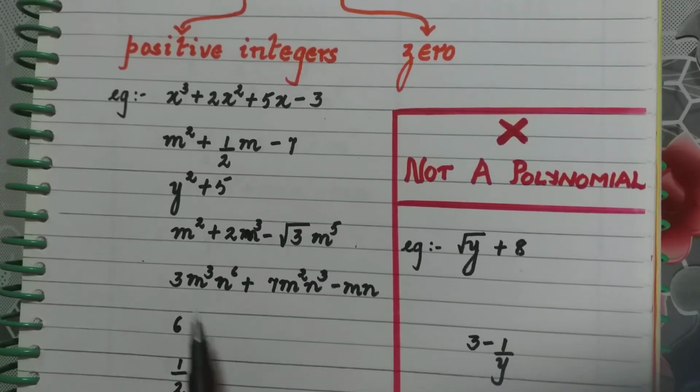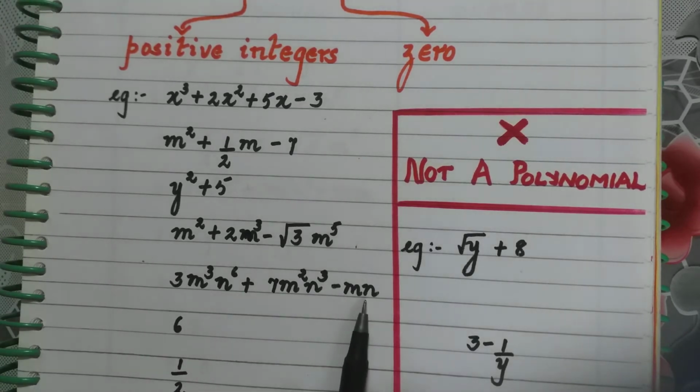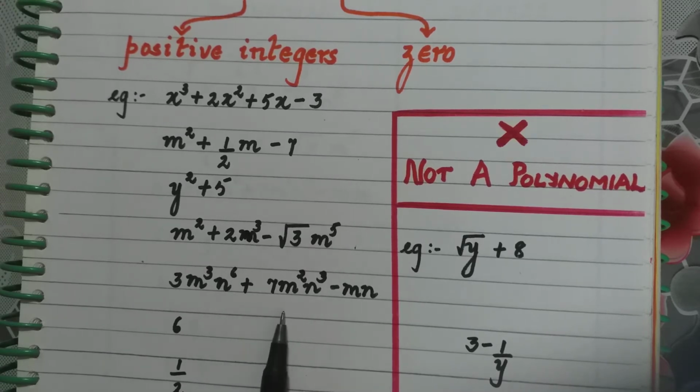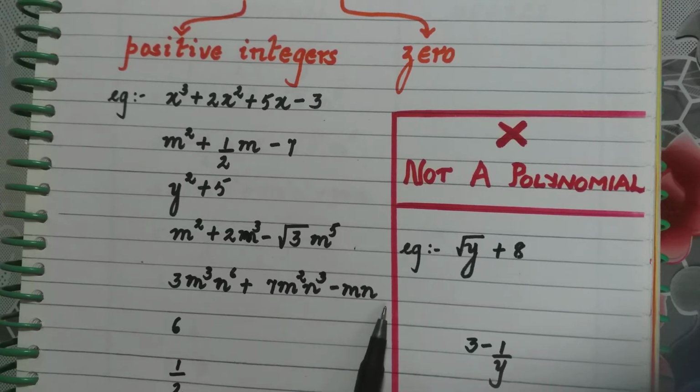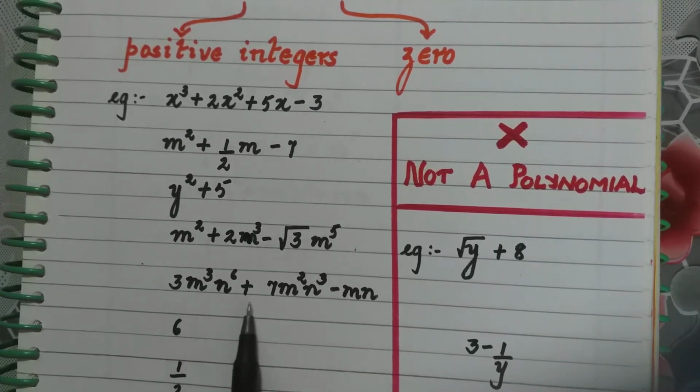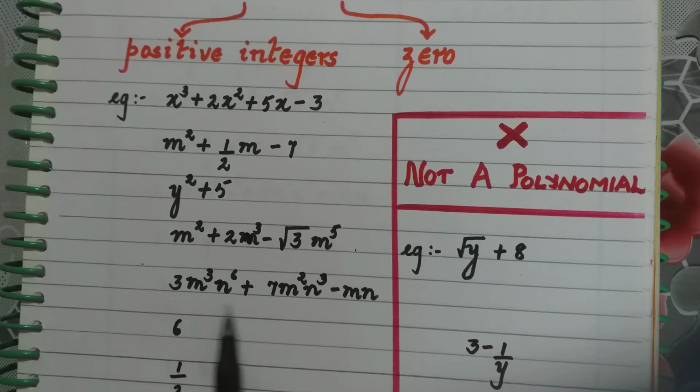Going further, you have one more polynomial here: 3m cube n raised to 6 plus 7m square n cube minus mn. Now this polynomial is in two variables, m and n. Because this polynomial is in both m and n, there is nothing wrong here.